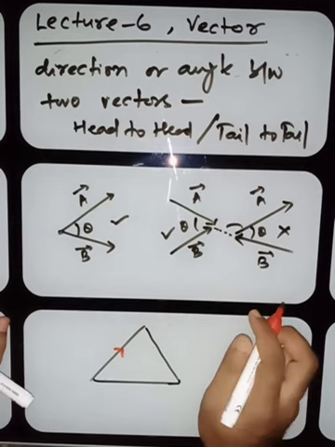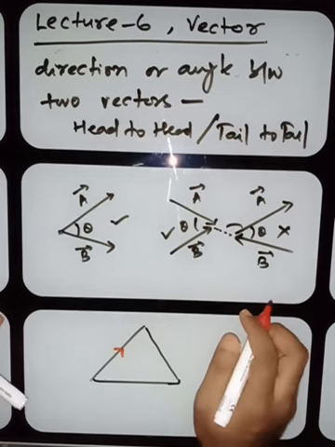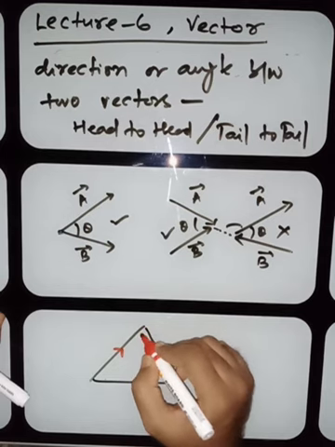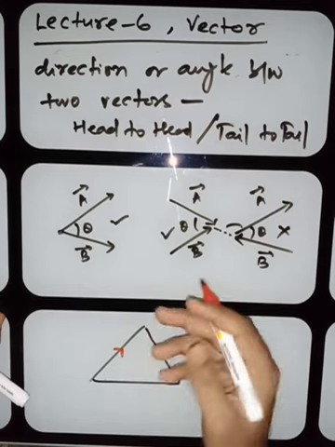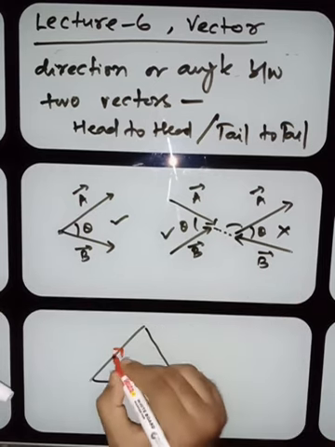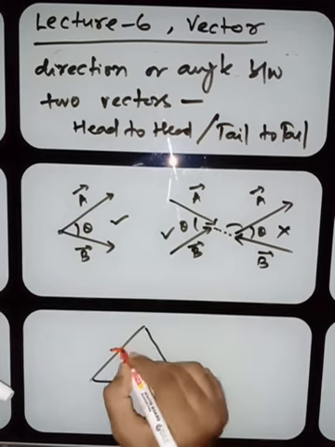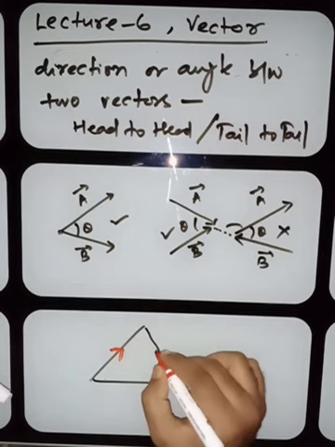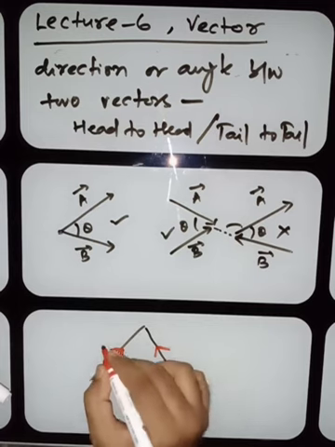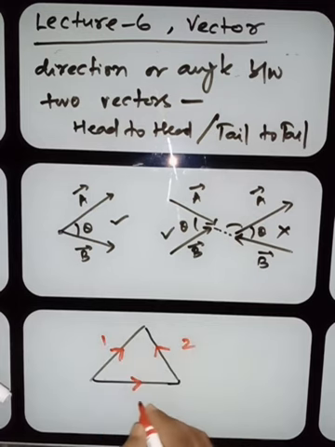Remember, it is not important to show the vector head at the end. Because you have studied already and you are trained now, I can represent the head anywhere and you will get it. So these are the three vectors. Suppose vector 1, 2 and vector 3.